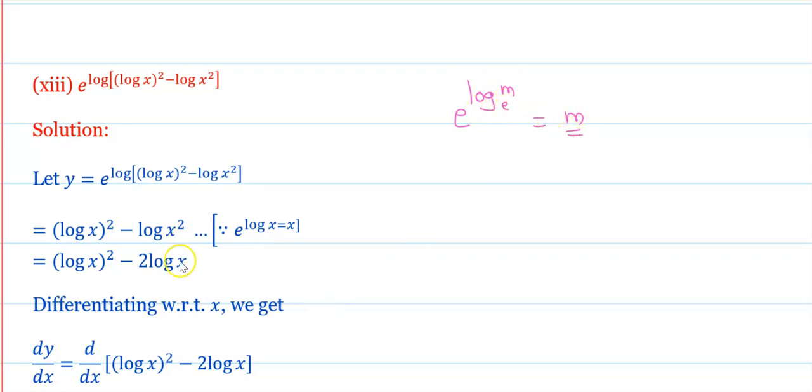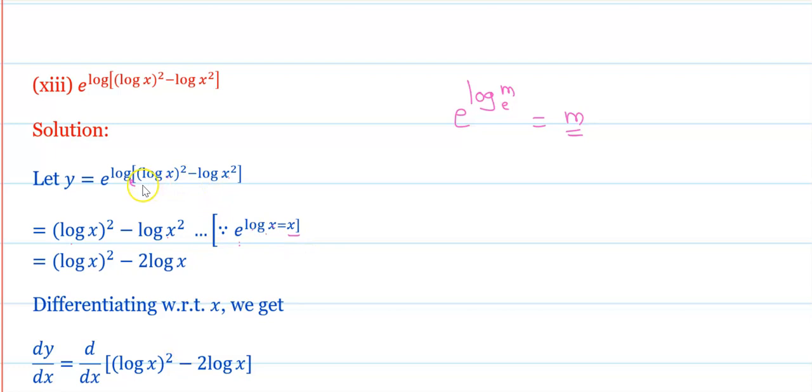Okay. Similarly here, e raised to log of, and here base is e. Therefore, our answer is (log of x)² minus log of x² in this way. That is the log of x. e raised to log of x to the base e, the answer is x.